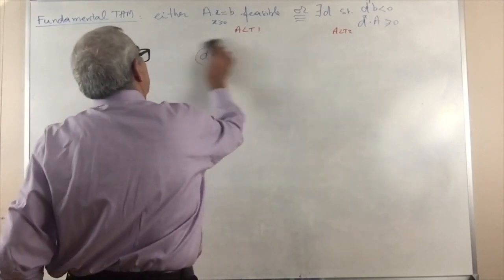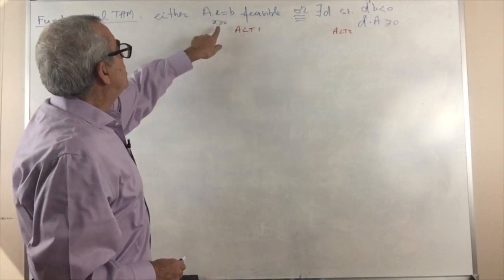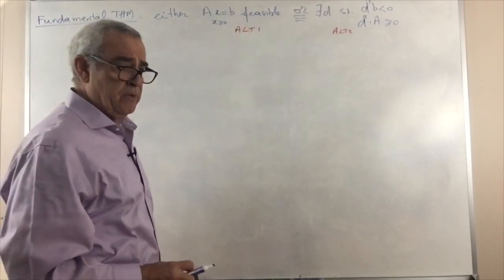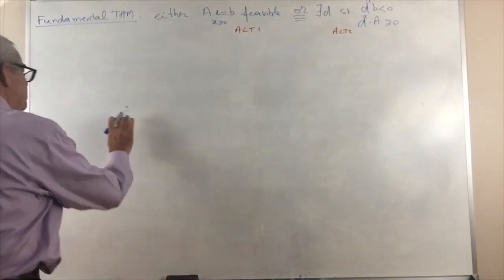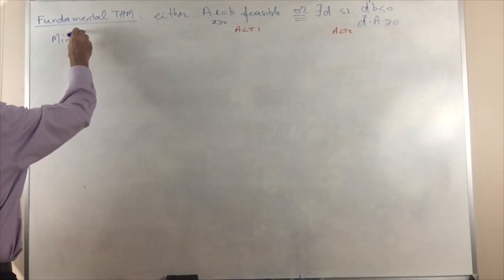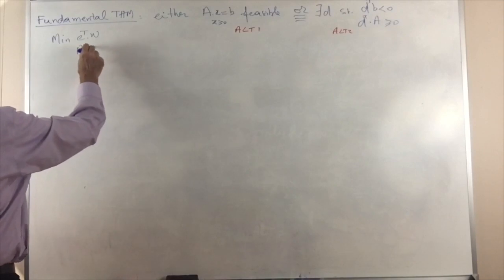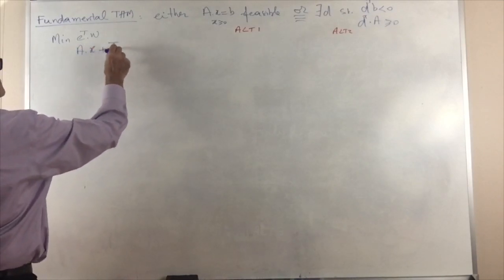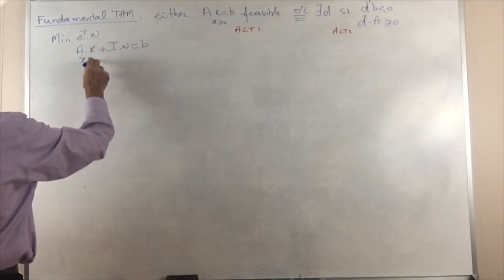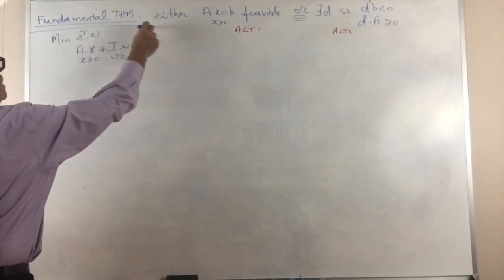Okay, so let's use the phase 1. Remember, here we have A dot x equal to B, x greater or equal to 0, and here we are asking whether this is feasible or not. So we could do phase 1, which is minimize E transpose W subject to A dot x plus I W equal to B, x greater or equal to 0, and W greater or equal to 0. Remember, this is the phase 1 LP.